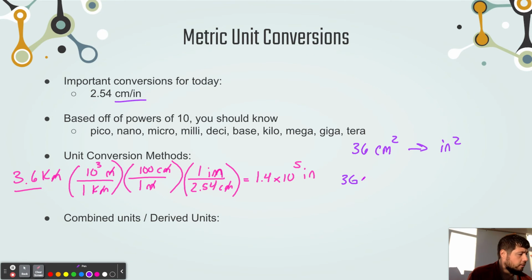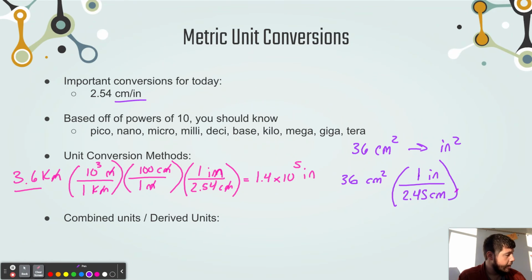Take your 36 centimeters squared and do your unit conversion like you normally would, 2.54 centimeters to 1 inch. And if you think about this in terms of units, this would only cancel out one of my centimeters, not both of them. So you might see where I'm going here. You need 2 of these unit conversions. You could write them both side to side, or I find it easy, just imagine squaring that.